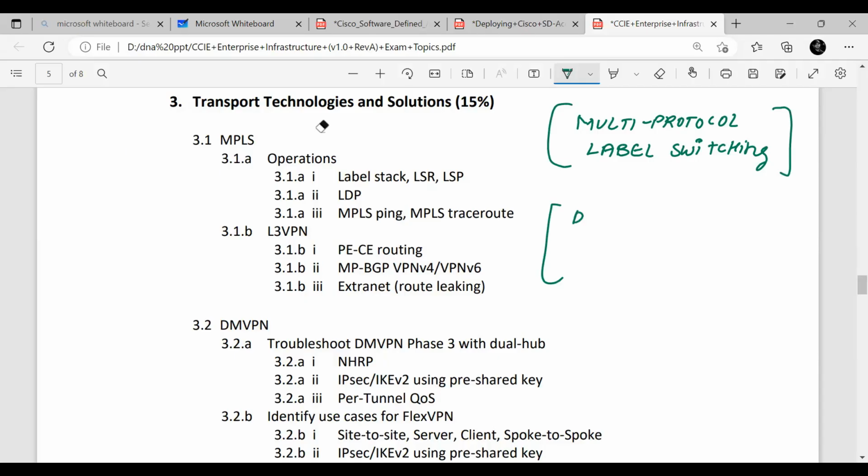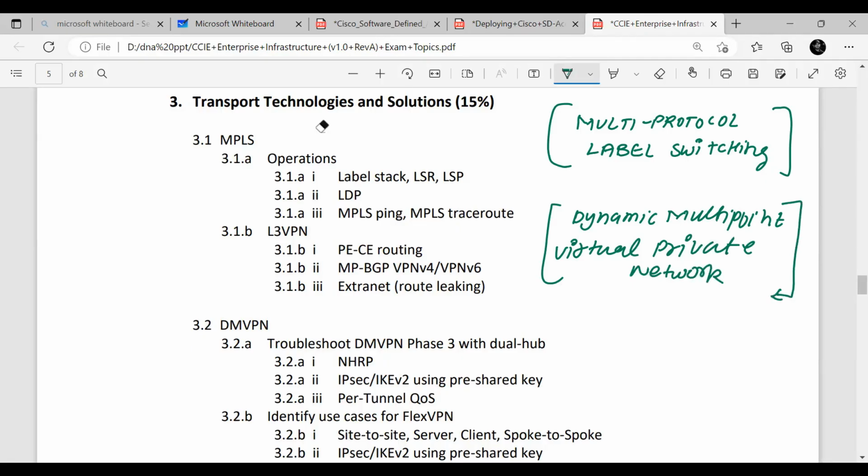DMVPN stands for dynamic multipoint virtual private network.